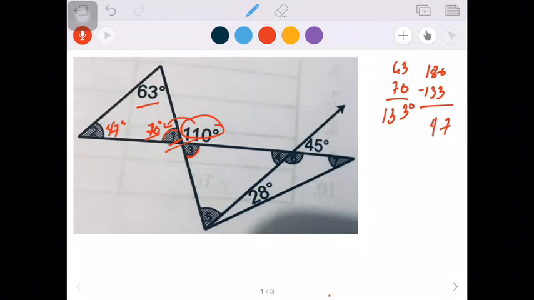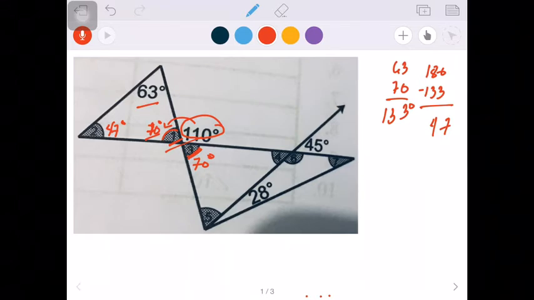So you can also say that angle 3 is a linear pair with 110. So this would also be 70 degrees. Or another reason for that is because angle 1 and angle 3 are also vertical angles. So they are just equal.